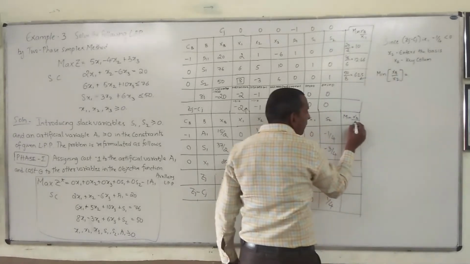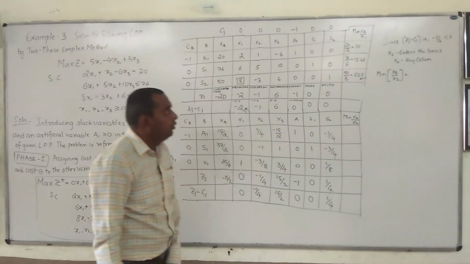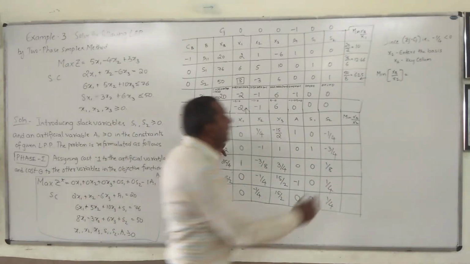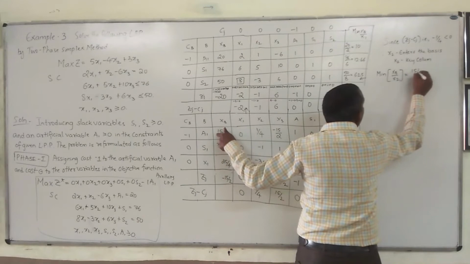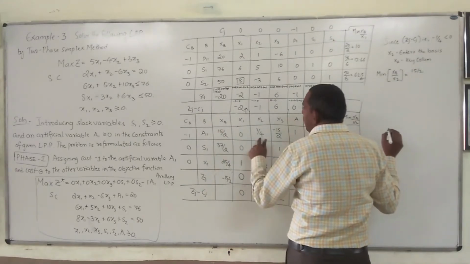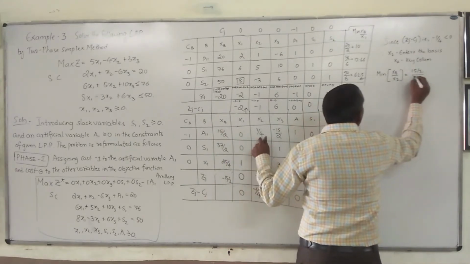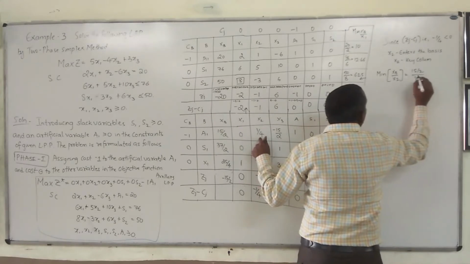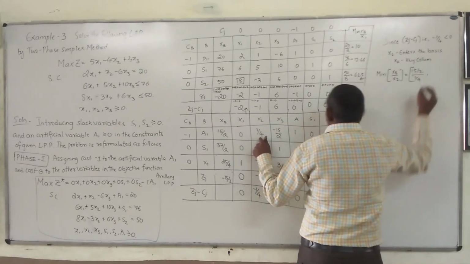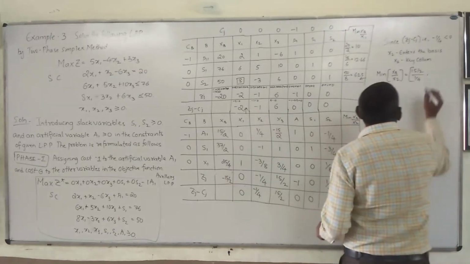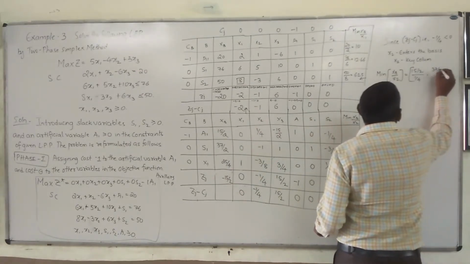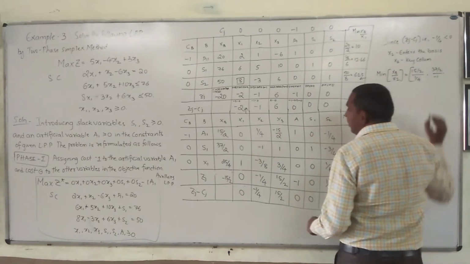Let me write X2 here. Fine. So what is XB here? That is 15 by 2, divided by X2, which is 1 by 4. Comma, 37 by 2 divided by minus 1.